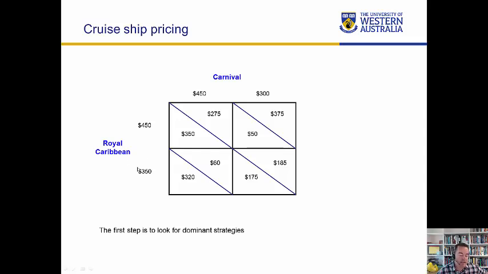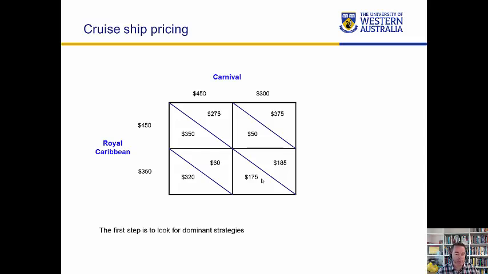Now, Royal Caribbean does not have a dominant strategy because if Carnival sets a price of 450, it would be optimal for Royal Caribbean to set a price of 450. However, if Carnival sets a price of 300, it would be dominant for Royal Caribbean to set a price of 350. So for Royal Caribbean to actually maximize profits, it's dependent upon what Carnival does.